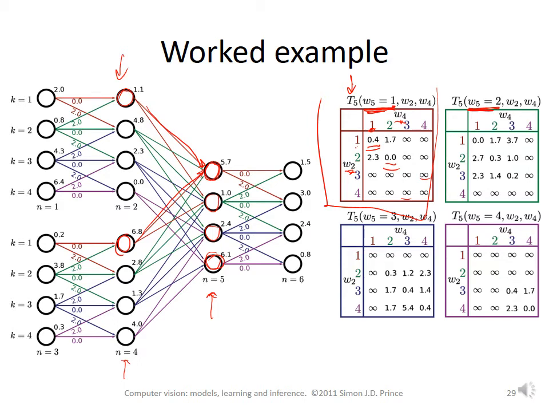We remember we had the same thing, we just didn't show it when we were doing chains, where we just had a single matrix representing the possible values of the predecessor node, Wn minus 1, maybe on the columns, and Wn for the rows.